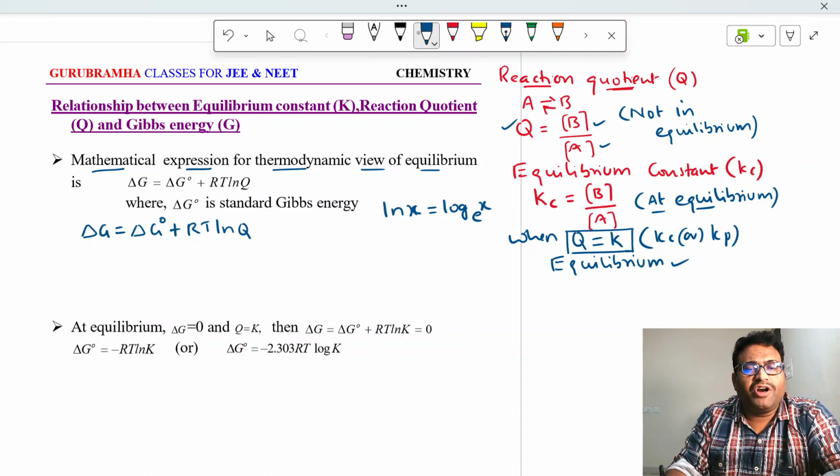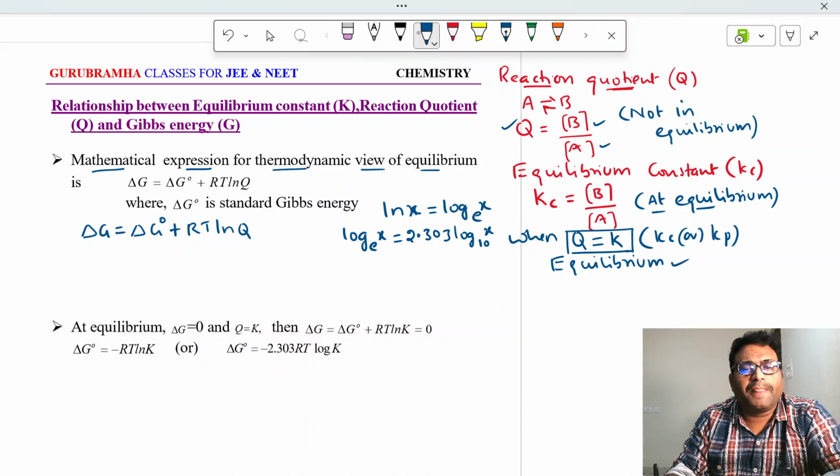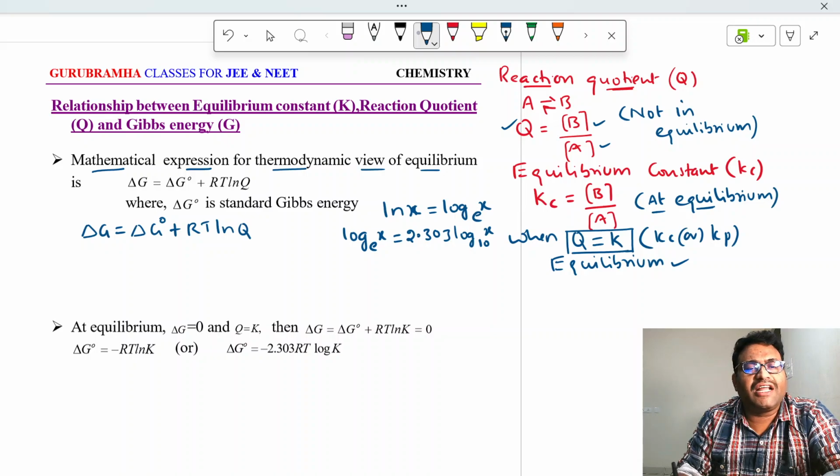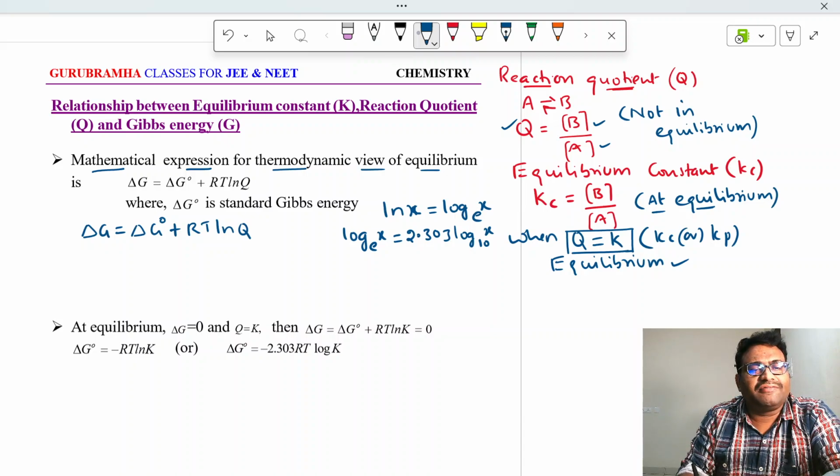If I want to convert log base e, I need to multiply with 2.303 log x base 10. This minimum information is to be remembered. So here ln Q means natural log Q base e.